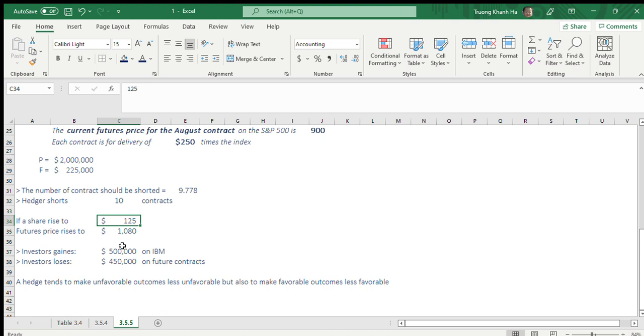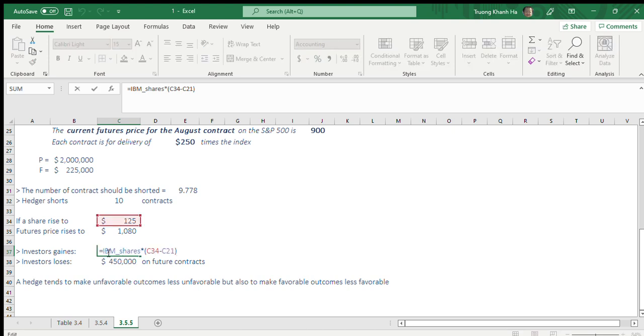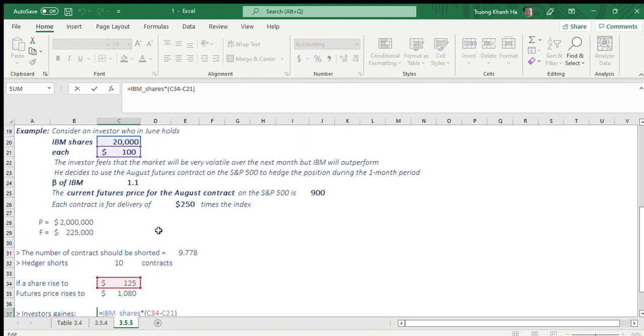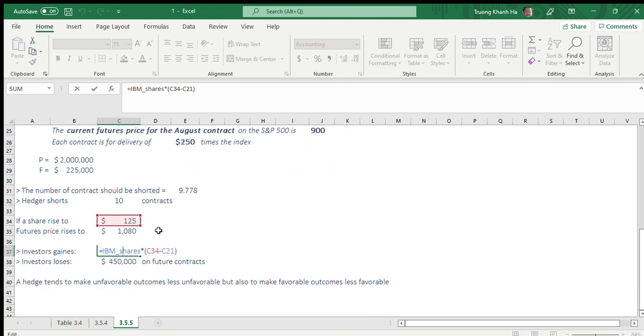We can calculate that the investor will therefore gain IBM shares multiplied by $125 minus $100.